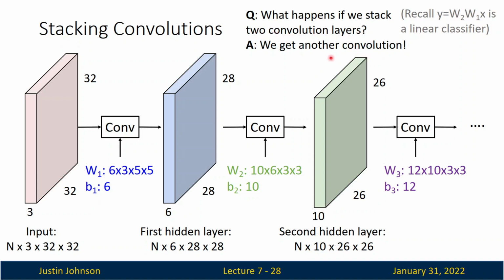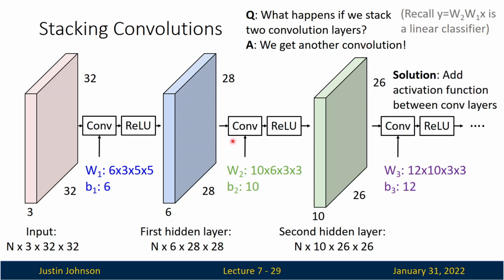We will get another convolution. Now you see there is no nonlinear function here. So we need to add the ReLU after the convolutional layer to give it nonlinearity. As you know, it is important because the ReLU, the nonlinear function, lets us create a nonlinear separating hyperplane in our feature space.